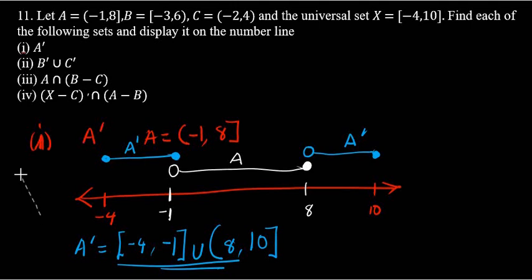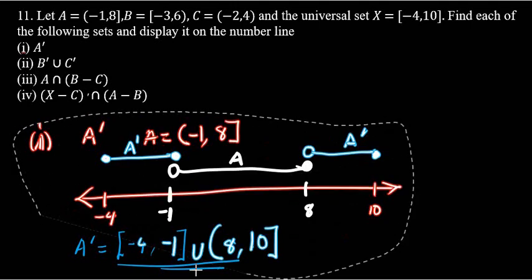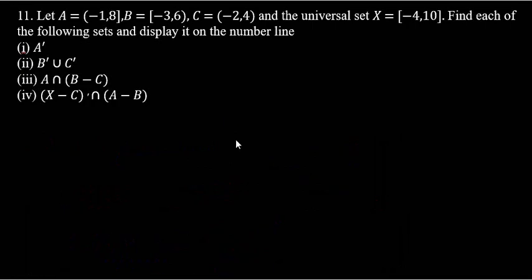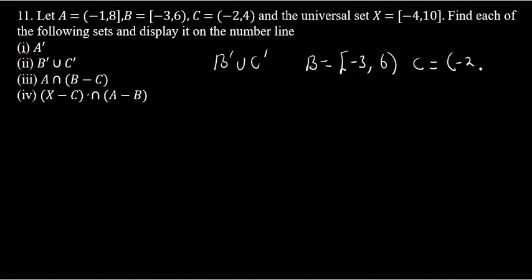Okay. Now let's answer the other one, which is B complement union C complement, right? So let's first know what is our B. So what is our B? -3 is included, 6 is not included. Then C is -2 not included, and 4 not included, right?